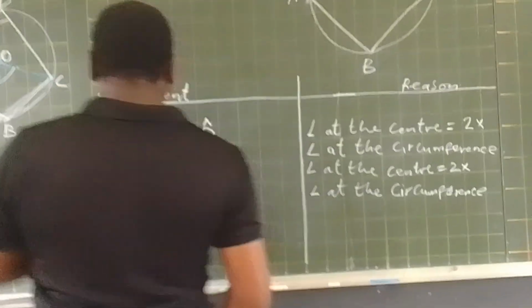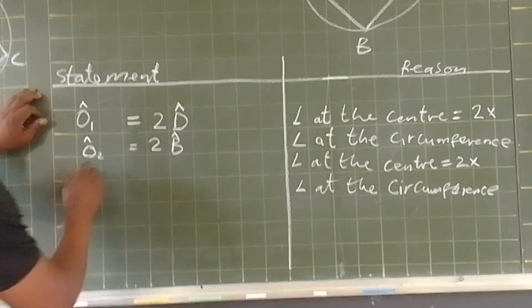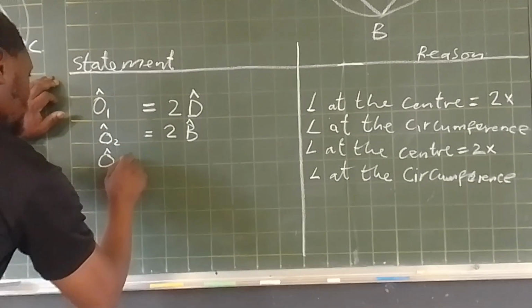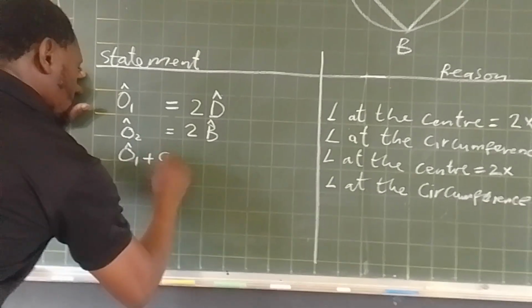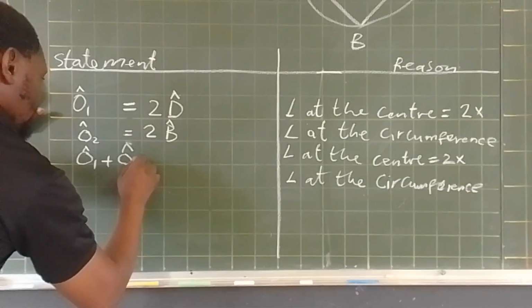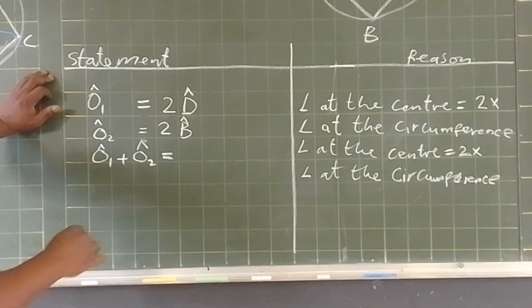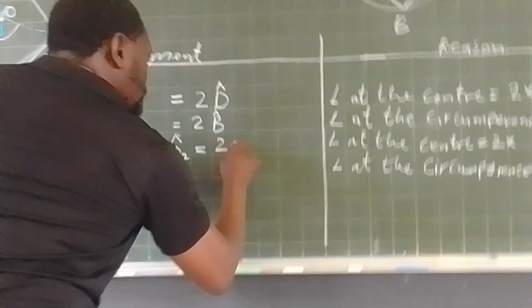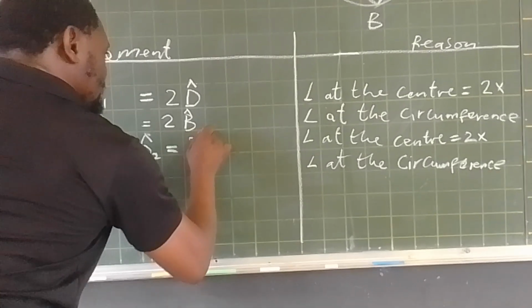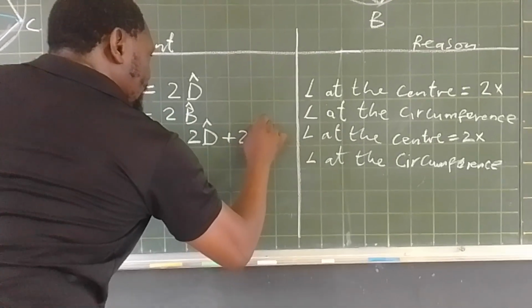Therefore, we can combine O1 and O2. O1 and O2 is equal to 2 angle D plus 2 angle B.